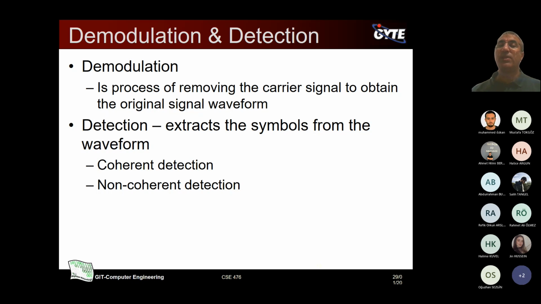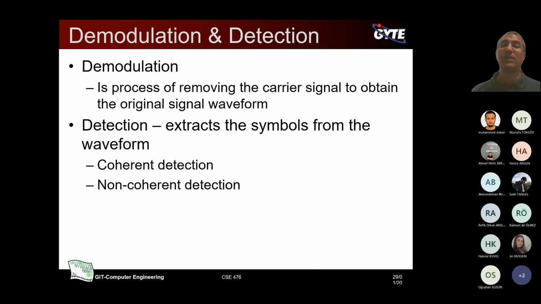First of all, we apply demodulation. Demodulation is simply the process of removing the carrier signal to obtain the baseband signal. So we down convert the signal from the high frequency bandpass signal to the baseband signal. This is called demodulation. After demodulation, we need to extract the symbols, which are groups of bits, from this waveform.